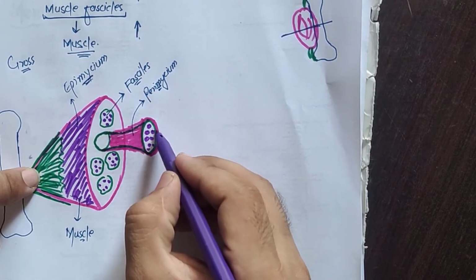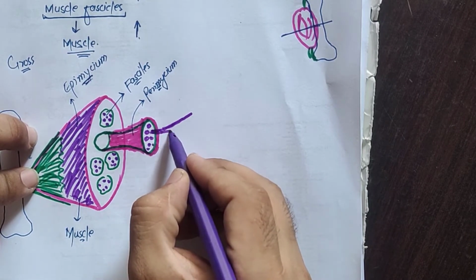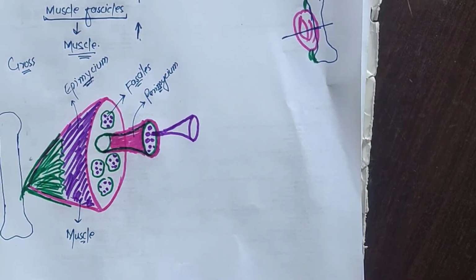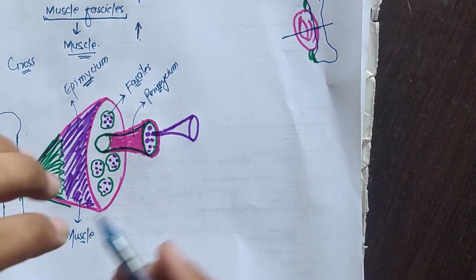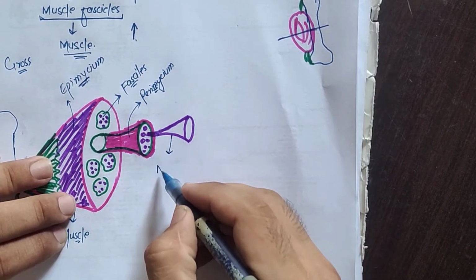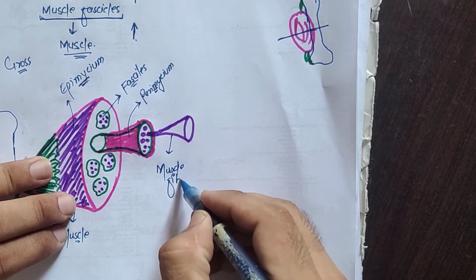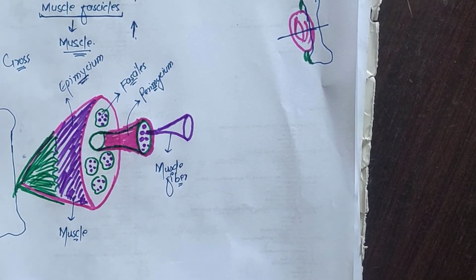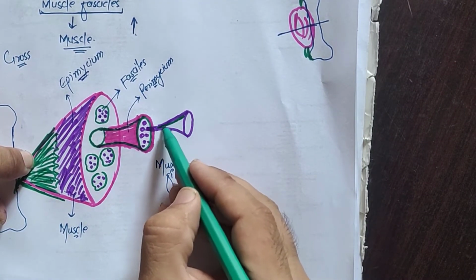Now if we enlarge just one muscle fiber, like this, look carefully. I have taken one muscle fiber out, right? So what is this? This is a muscle fiber. Around this one muscle fiber there is a connective tissue layer, right?